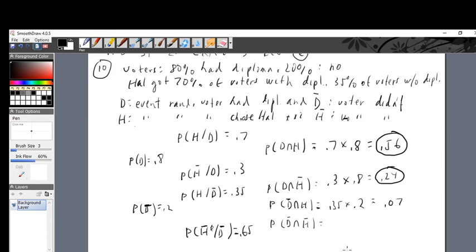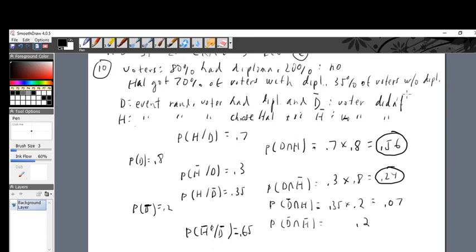How about this one? Well, they didn't vote for Hal, right? Didn't vote for Hal, and they don't have a diploma. So how much of the population doesn't have a diploma? 0.2, 20%. And 35% of voters without a diploma voted for Hal. What's the rest of the 35%? 65%, right? 65 and 35 is 100.